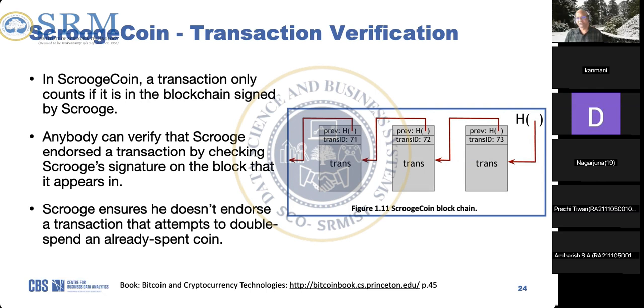So again, bring back the previous scenario where Alice has transferred the coin to both Bob and Chuck. Bob will immediately go to this ledger and see whether the transaction is valid. Only then will he believe that this coin is transferred to him. So there is an extra step where the transaction is officially put onto the blockchain.